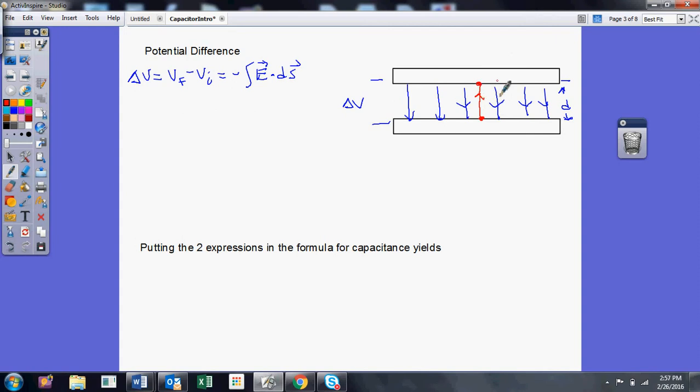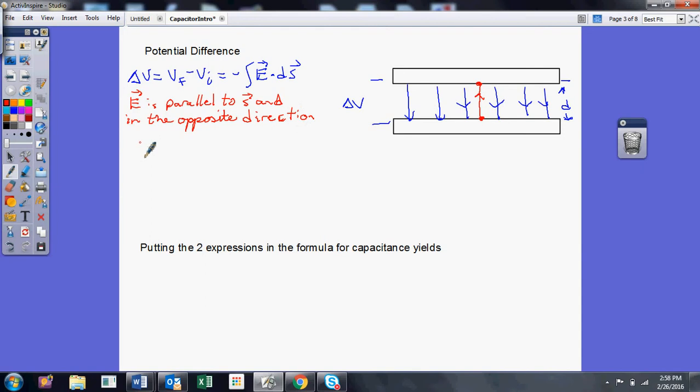And throughout that path, we know that E is parallel to S, and in the opposite direction. Parallel and in the opposite direction.